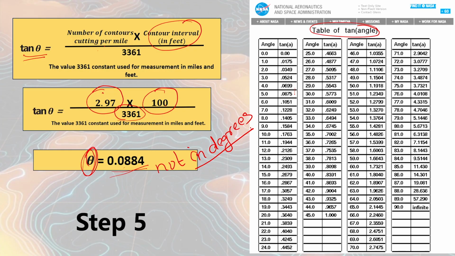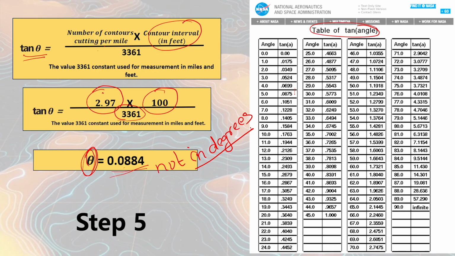When mentioning slopes, we usually measure them in degrees and minutes. So we will take the help of this tan angle table to convert this value into degrees.